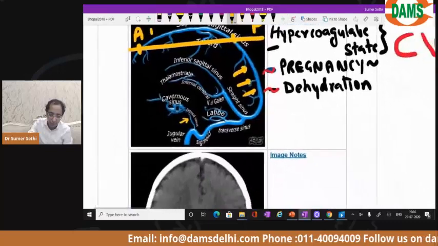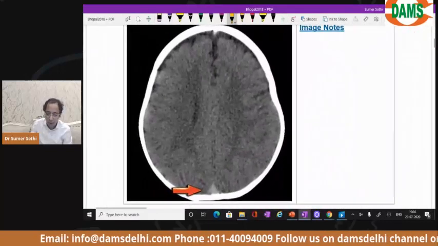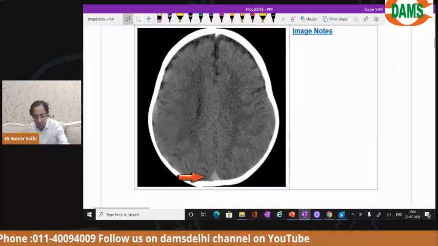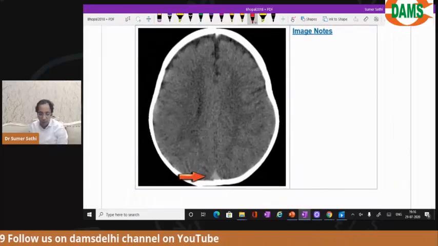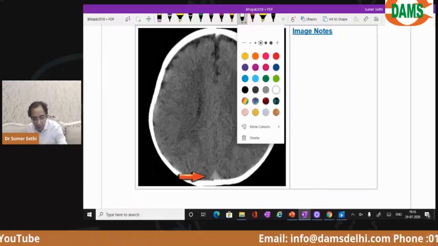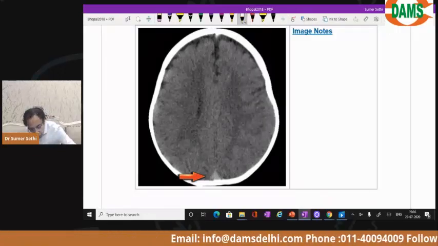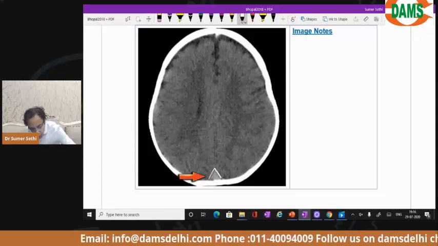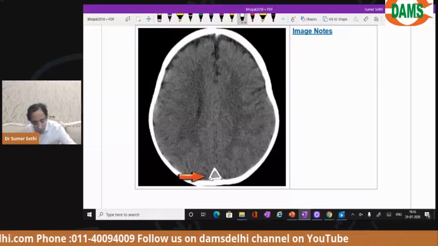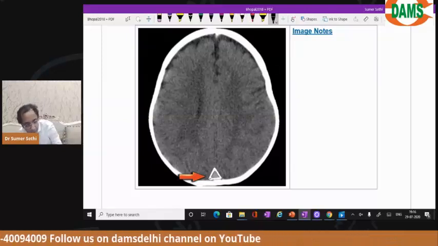Children, look, now try and look at the CT scan and tell me where is the problem. The problem in the next CT scan is here. Can you see a triangular structure here which is appearing hyperdense?